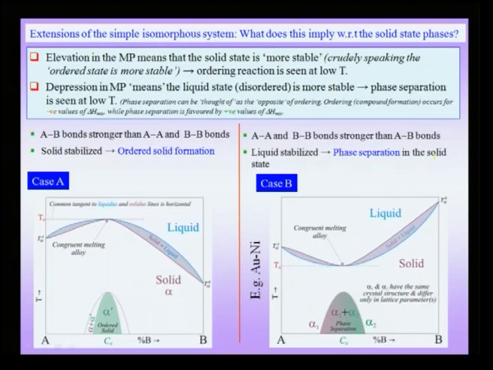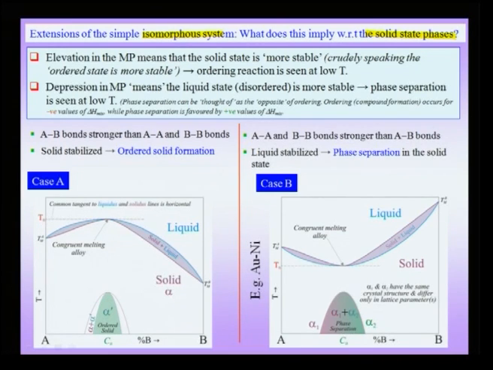Now, typically when you observe these two variations, there are typical signatures of these for the solid state, and these are important to note. That is, when we have an isomorphous system of these two kinds, that is elevation in melting point or depression in freezing point, there are important changes which may take place to the solid phases.